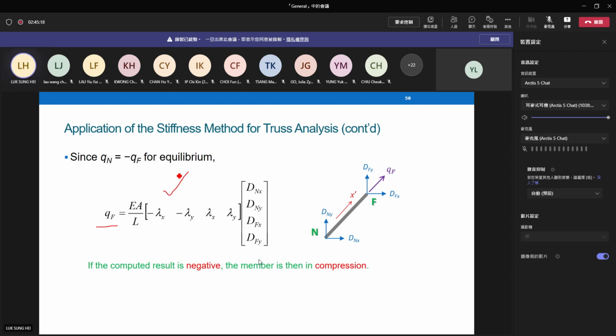EA over L are the material and geometric properties of the truss member. Lambda x, lambda y are the direction cosines of that member, depending on which one you are going to calculate. d_nx, d_ny are the end displacements of that member under consideration, depending on which member you want to calculate.